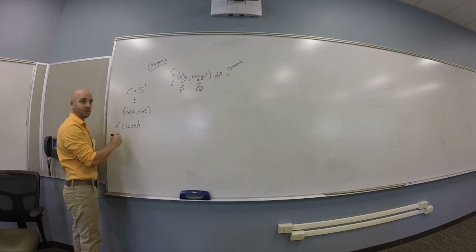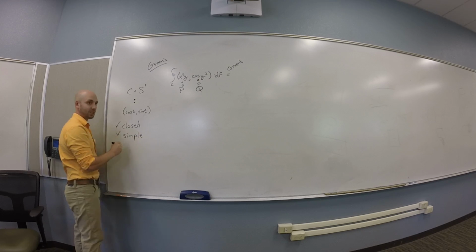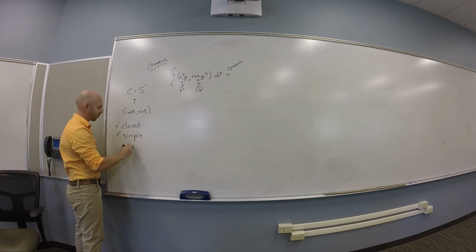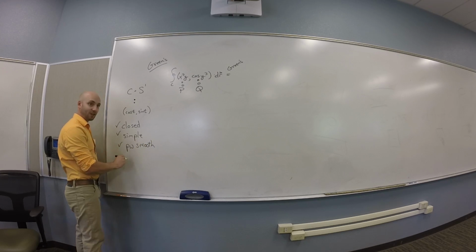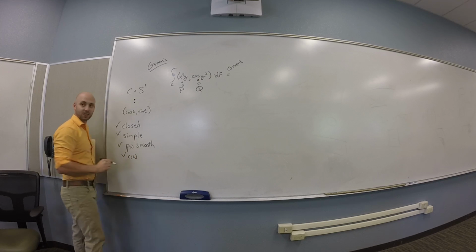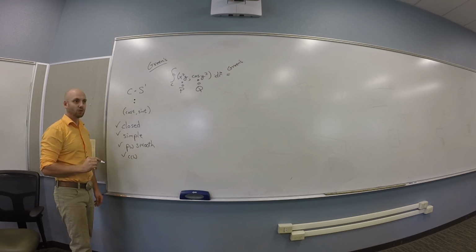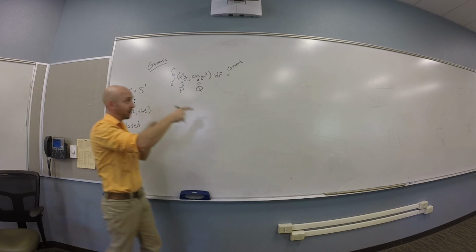Check, it's a circle. Simple. Check, it's a circle. Piecewise smooth. Believe so, still a circle. And it needs to be counterclockwise oriented, and they told me it was. Cool. So I'm allowed to run Green's, so I'm going to.